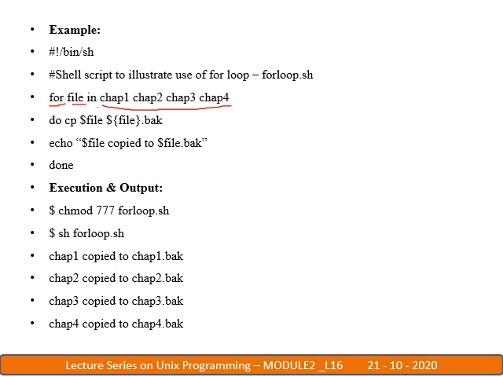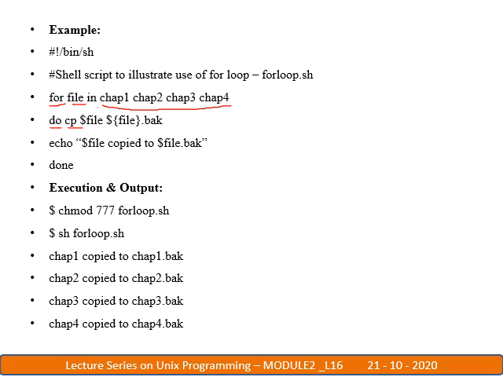The list we have taken is chap1, chap2, separated with white space, chap3 and chap4. Then the action is given in the do statement: do cp $file $file.bak. So chap1 will be copied to chap1.bak. Same thing, it will loop with the chap2 file, copied to chap2.bak, chap3 copied to chap3.bak, and chap4 copied to chap4.bak.